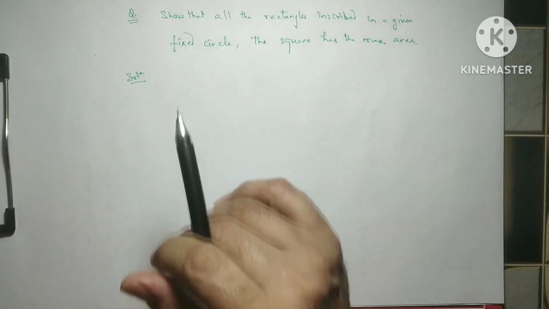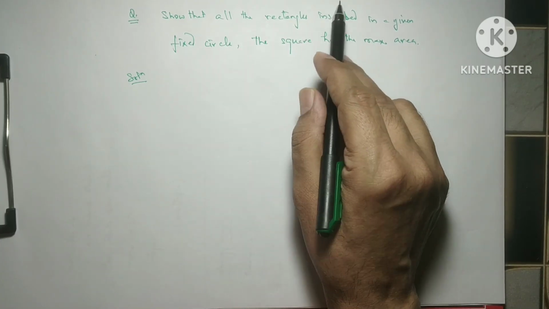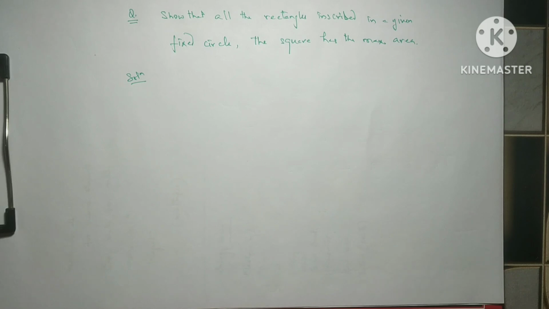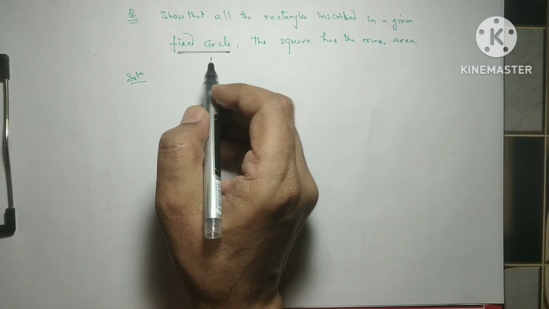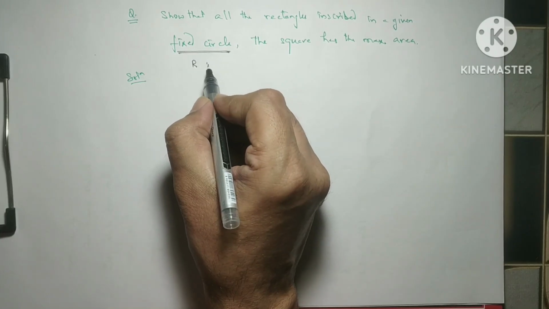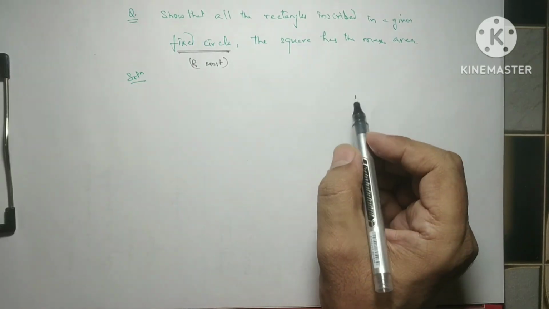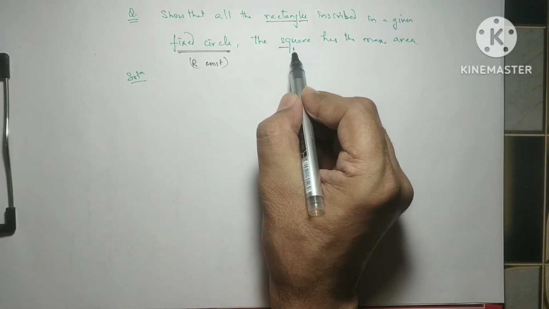So the question is: of all the rectangles inscribed in a given, fixed circle, that means you have a radius r that is constant and given, show that the rectangle of maximum area should be a square.